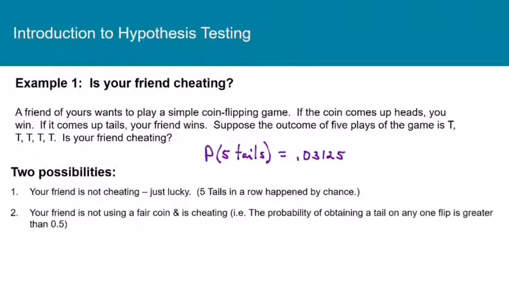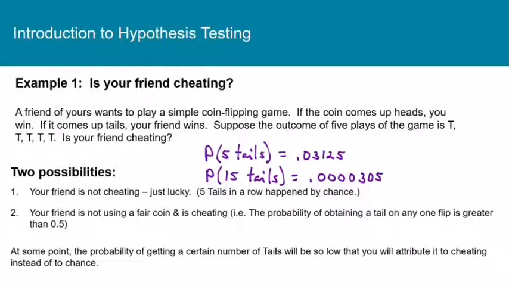But let's suppose that he flips the coin 10 more times, so now he's got a total of 15 tails in a row. Well, the probability of getting 15 tails in a row is 0.0000305. So now this is smaller than the probability that your friend is cheating. And so if your friend got 15 tails in a row, you would probably lean toward the idea that your friend is cheating because that now seems like the more likely event.